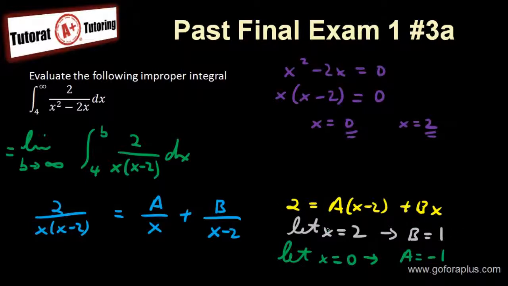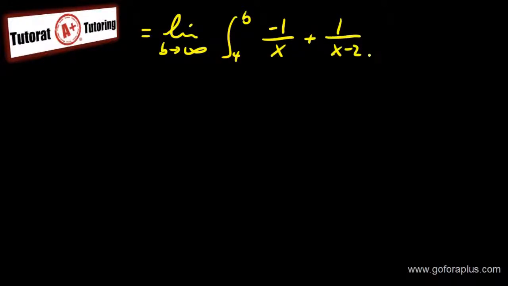So I have this. Now I have to plug it back into the integral with the limits. What I have here is the limit of b approaching infinity, integral from 4 to b, of minus 1 over x plus 1 over x minus 2, all of this dx. Knowing that, my answer is going to be minus ln of x plus ln of x minus 2.